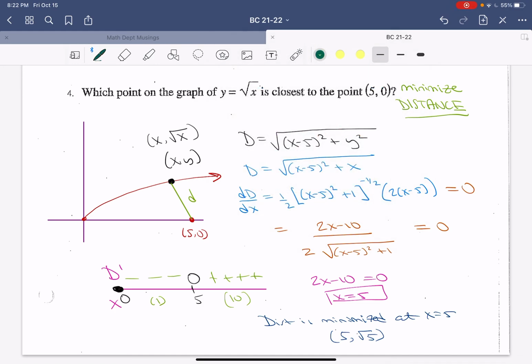So it turns out that d is minimized at this point right here, which kind of makes sense, right? Because if you look at it, this becomes a straight, perpendicular distance, if you will. And we know that the distance between a line segment and a curve, actually delete that perpendicular statement. That's not always the case, so just delete that part.